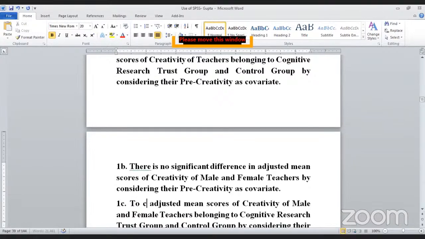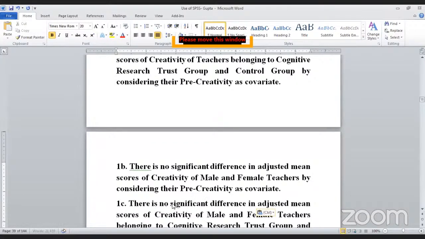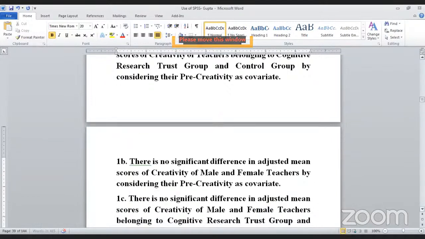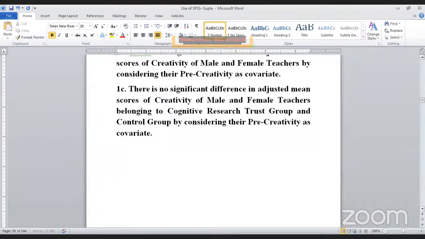And then here also, there is no significant difference in adjusted mean scores of creativity of male and female teachers belonging to cognitive research trust group and control group by considering their pre-creativity as covariate. So this is how you can write your hypothesis. Any question you want to ask?